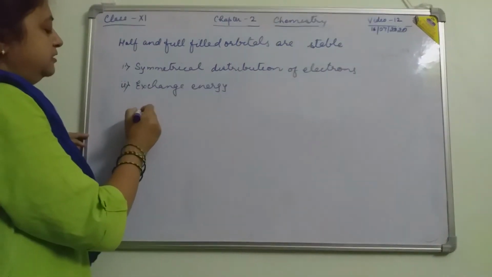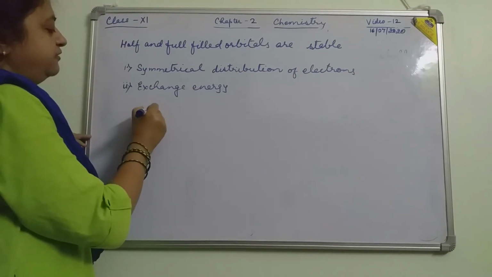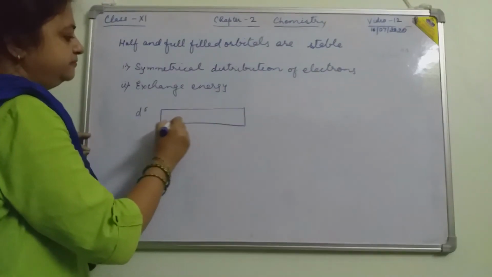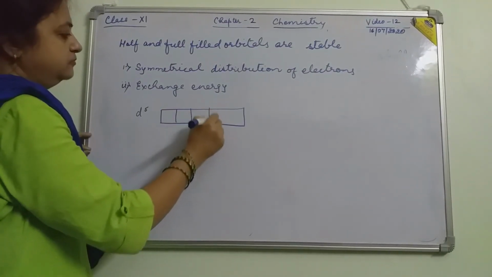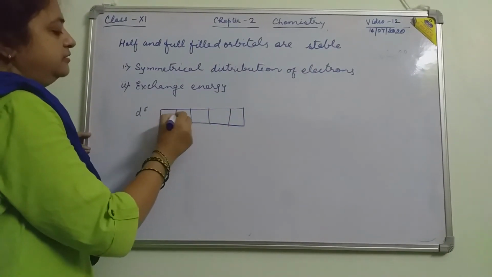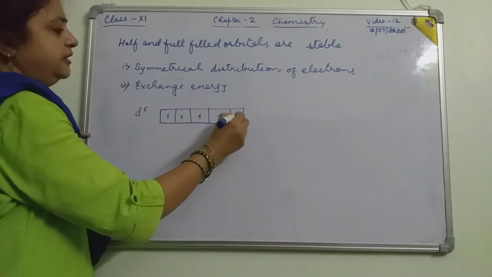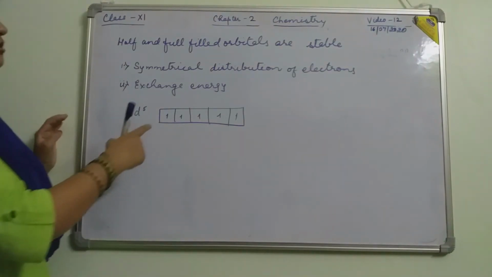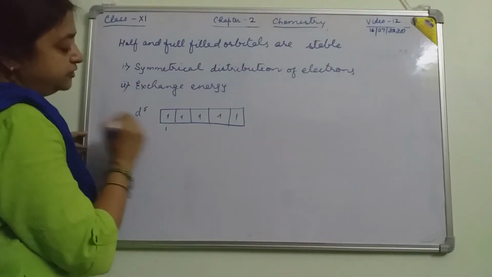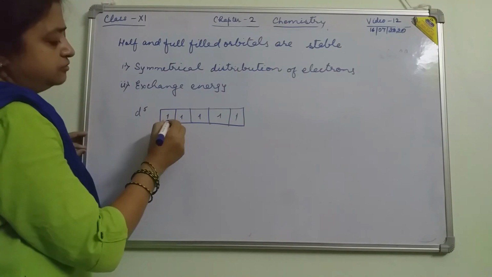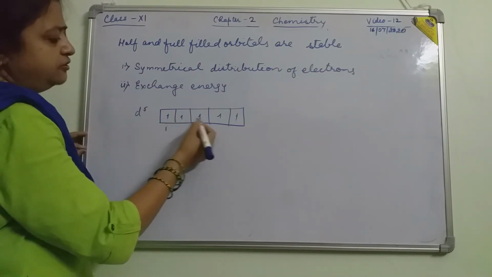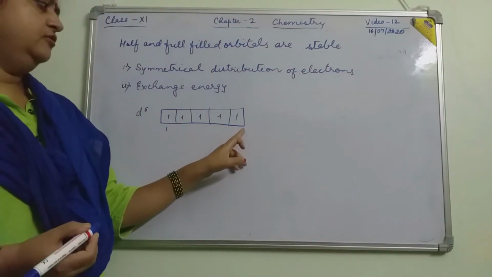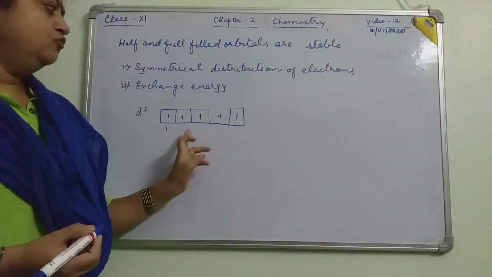For example, let's consider the d5 configuration. There are 5 orbitals, each containing an electron. The first electron can exchange with one of the 4 other orbitals. We can say it is like a room exchange.